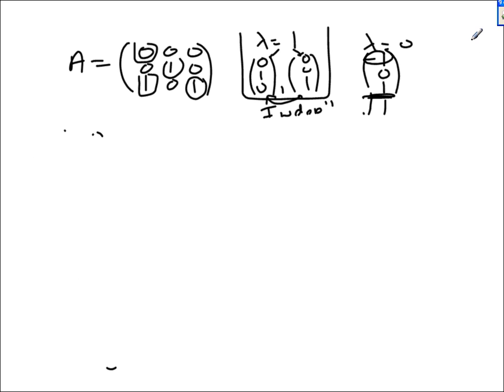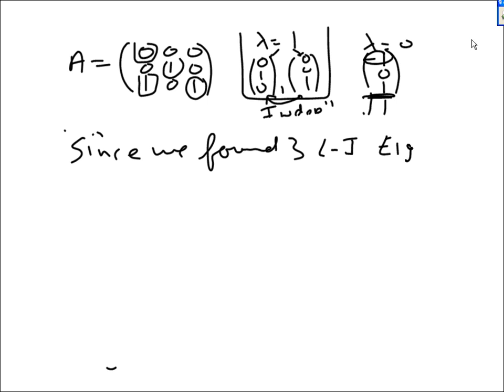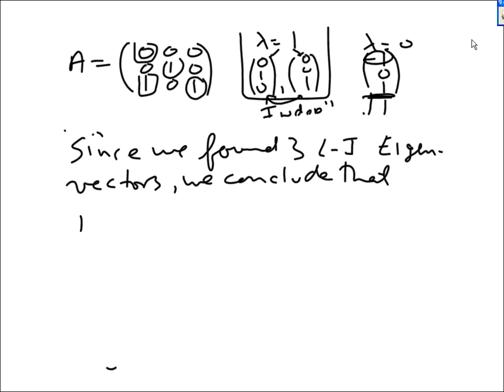Okay, so since we found 3 linearly independent eigenvectors, we conclude that A is diagonalizable.